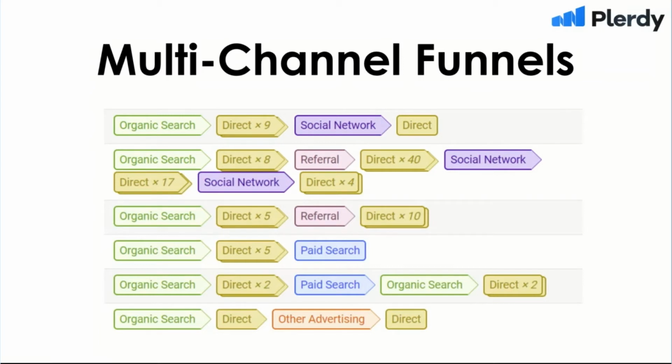Then they had 8 attempts with a direct while coming to our web page. Then they left it. Then referral, then direct, 40 times direct. Then they decided to find our website from the social network. Then again direct 17 times, social network, direct. Well, really lots of information to analyze, but this is so useful. It shows all of these ways the user passed through before they achieve the goal on your website.